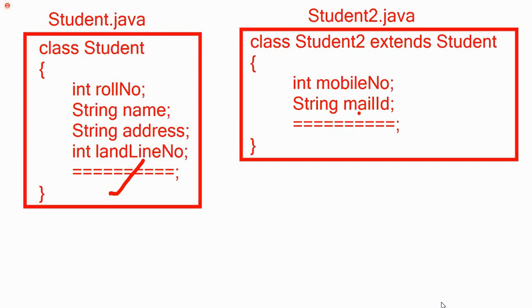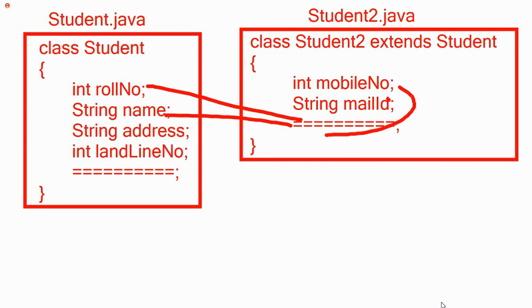Suppose memory is allocated to roll number, name, address, landline number, mobile number, mail ID. You want to print only roll number, name, mobile number, mail ID. These 4 only you print. Don't print those 2. But memory is allocated. You can print only 4 also.